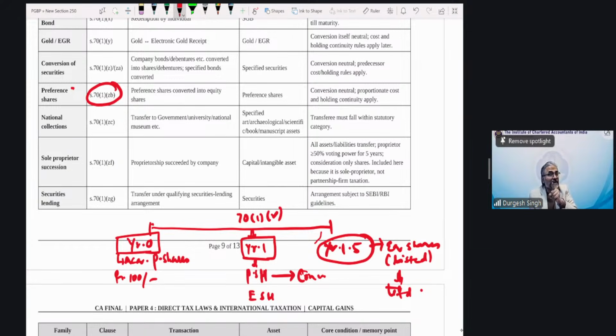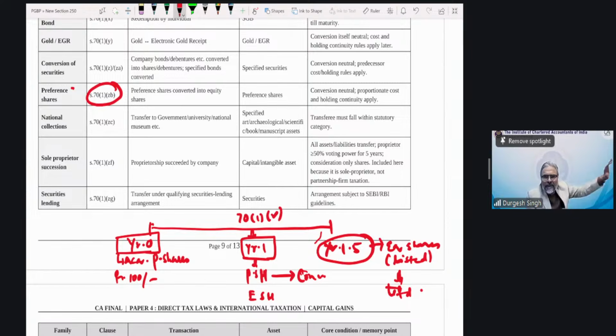Here the legislature is not monetizing every particular section 70 transaction. You have seen a theme, students. Do you know what is the theme? You have not yet monetized your asset. Do you all agree? Up till now, whatever section 70 we have referred to, where was the monetization? Monetization hasn't happened.